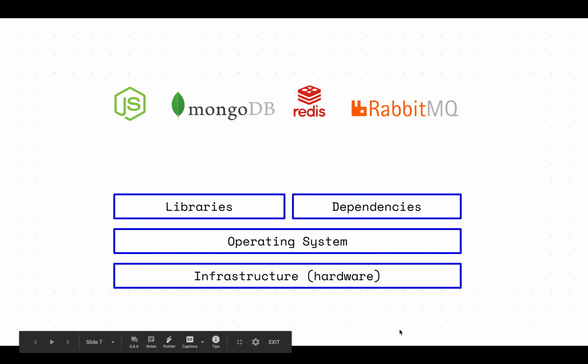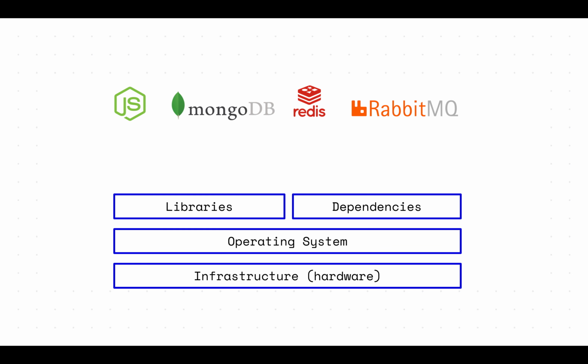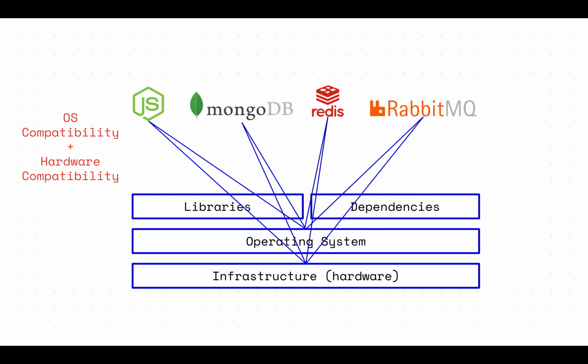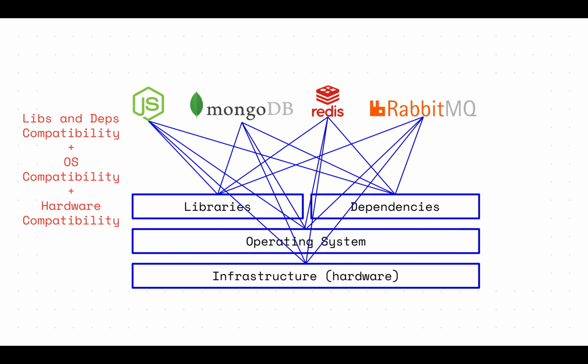Now, in the good old days, when you want to deploy an application, say you want to deploy a Node.js application that is interacting with MongoDB and Redis and RabbitMQ, your setup will be something similar to this, where you have to worry about the infrastructure, the underlying hardware. You have to also worry about the operating system. You have to worry about the libraries and the dependencies of each of these technologies.